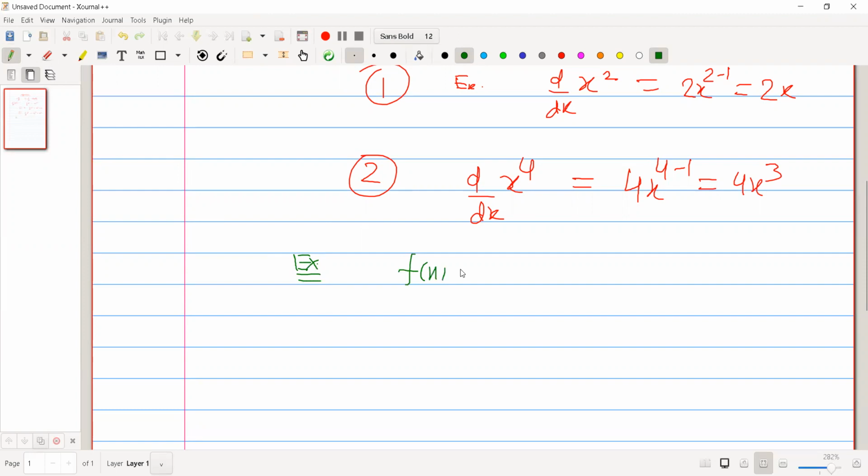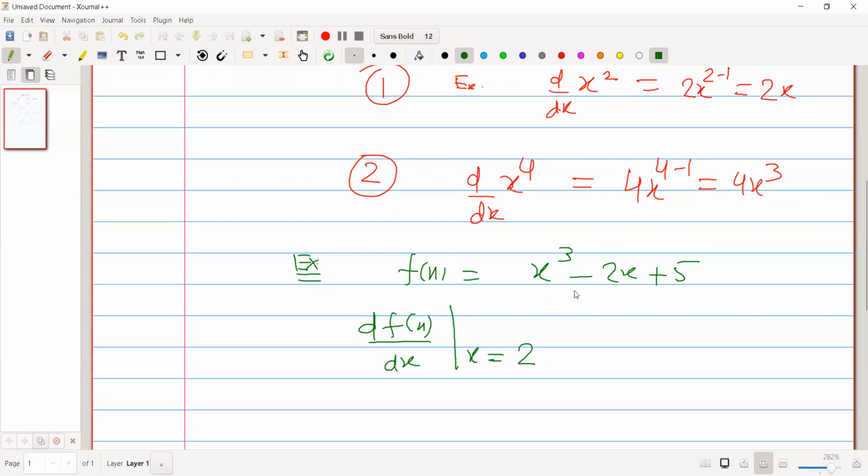Let us say the function f is equal to x cube minus 2x plus 5, and we find d f(x) by dx at x is equal to 2. So first we have to find the derivative. After that, we plug in the value 2, then we will get the differentiation value at 2.